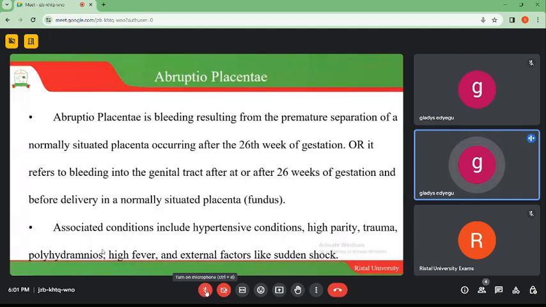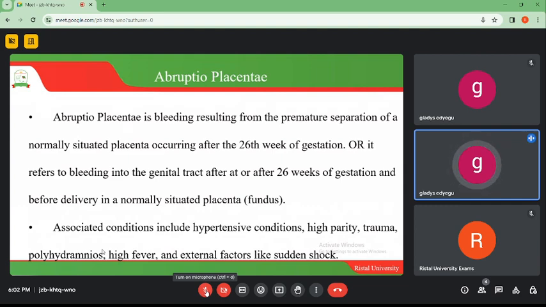That is when the placenta is located at the lower part of the uterus, which is the lower segment of the uterus. So I want to say that when placenta abruptio occurs, it doesn't mean the placenta is located down, no. This placenta can be located at the normal part of the uterus, at the fundus, at the upper part, at the upper segment.